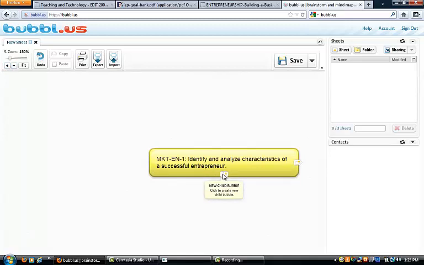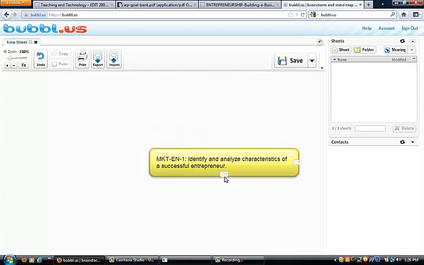So in order, remember we were breaking down these standards. In order to do that, what we're going to do is look at the wording within the standard so that we can decide what it is we have to do. So the very first word says identify, and then the second says analyze. So we have to identify characteristics first.